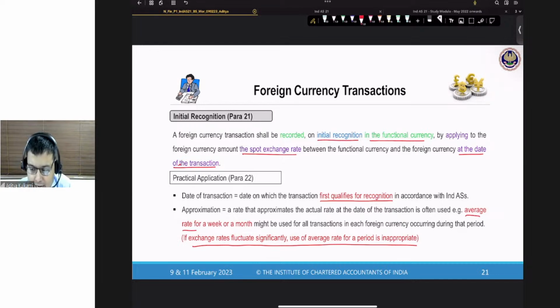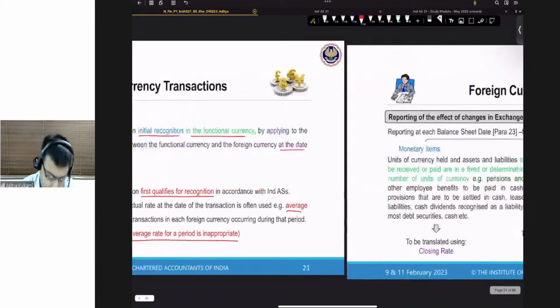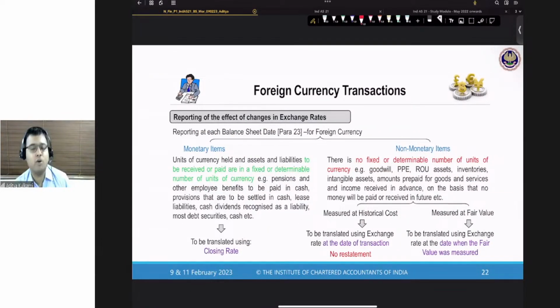Are you able to recollect AS11? Yes, it was exactly the same. Everything was the same as far as initial recognition is concerned. Subsequently, at each balance sheet date, you will have to split the items into monetary items and non-monetary items. This also was there in AS11.